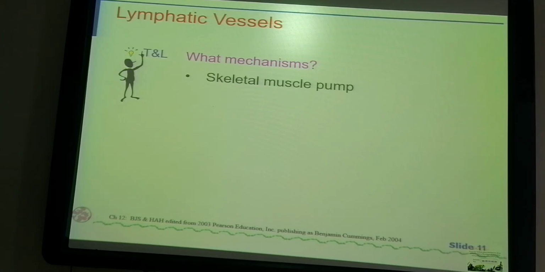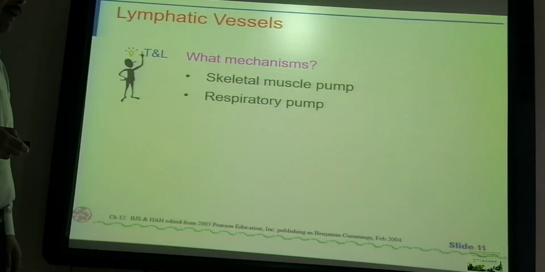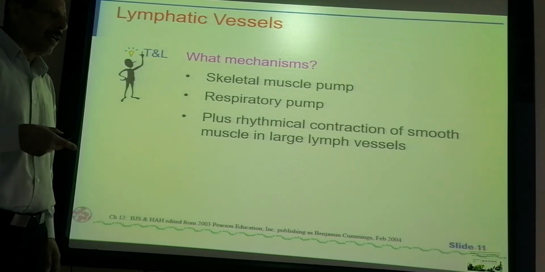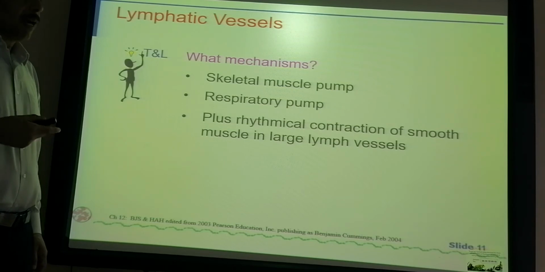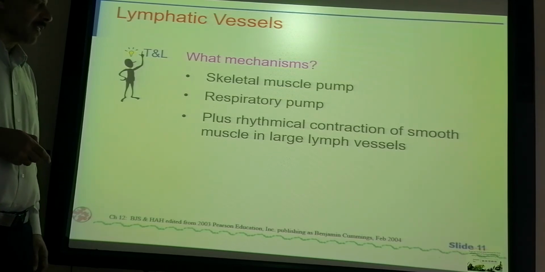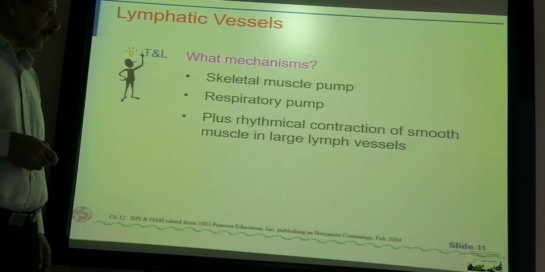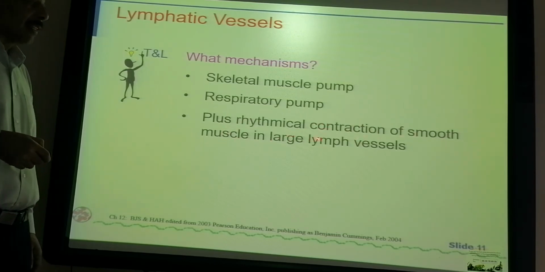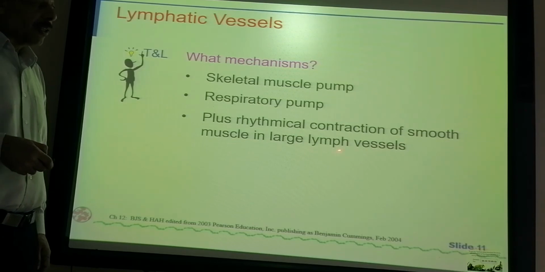So those are the skeletal pump, muscular pump, and respiratory pump, which is similar to the cardiovascular circulation or blood vessel circulation in the venous system. Plus, rhythmic contraction of smooth muscle of large vessels.